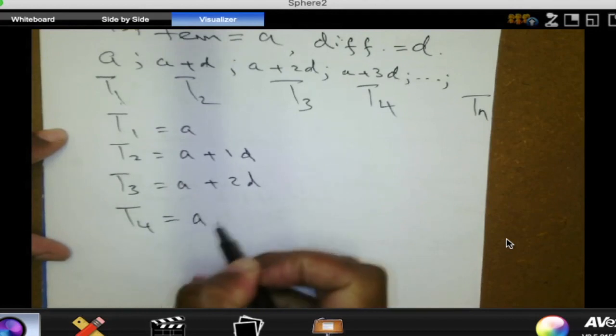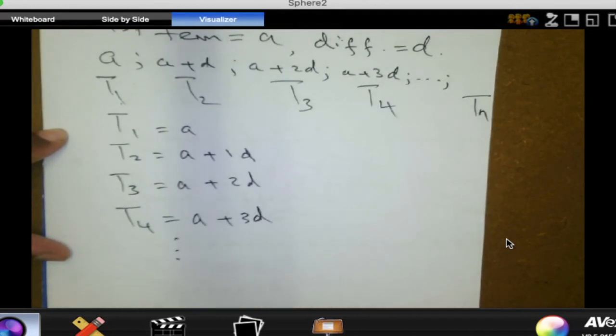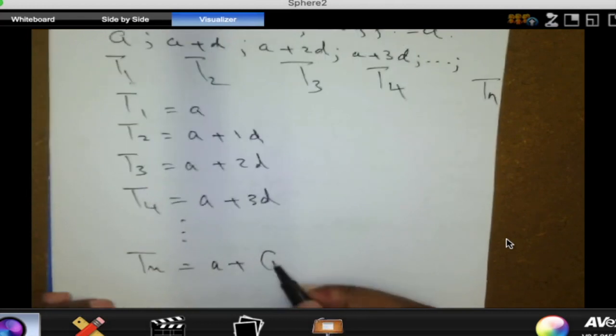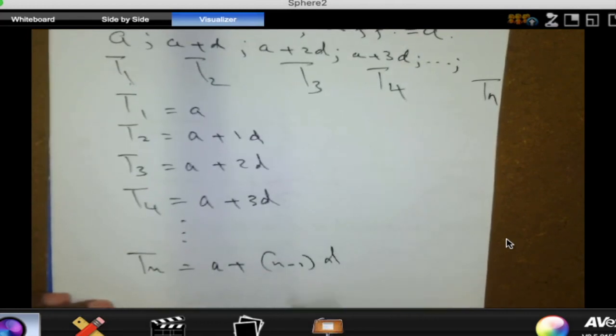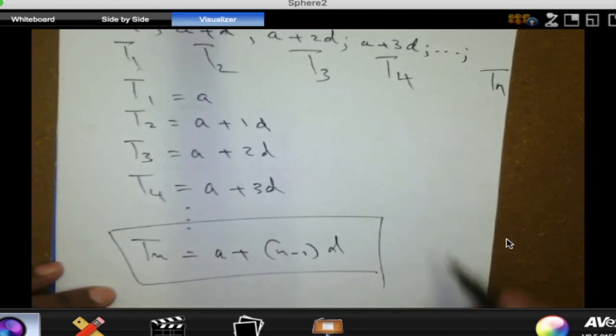T4 is equal to A plus 3 differences, and that is why Tn is equal to A plus how many differences? N minus 1 differences. So this is another very important formula for finding the general term of a linear number pattern.